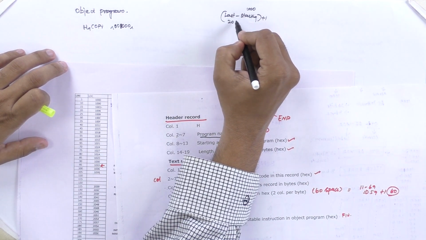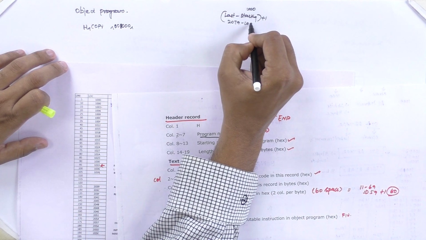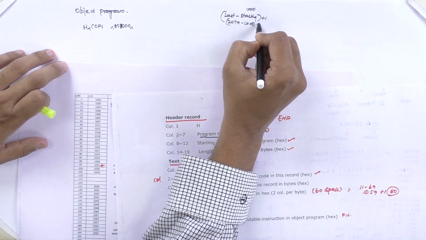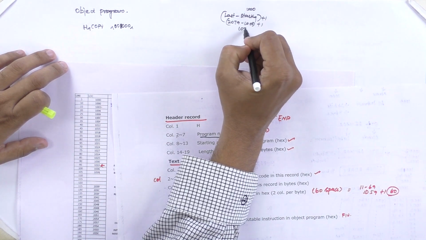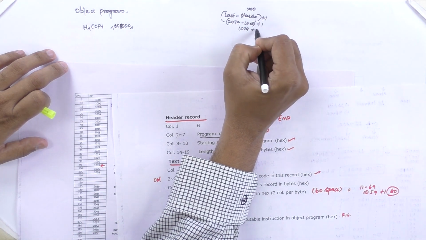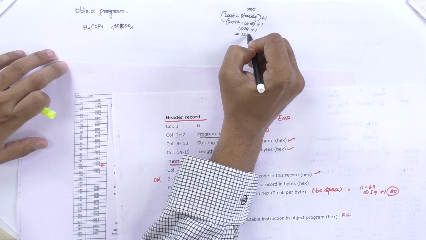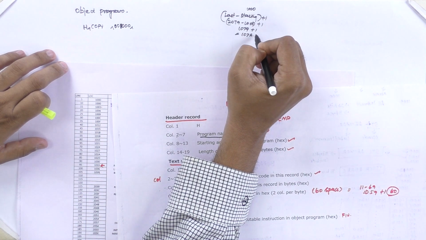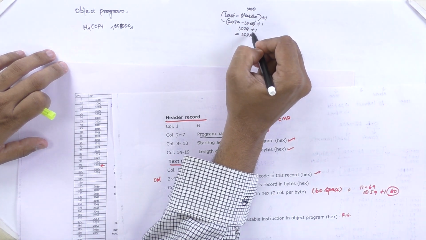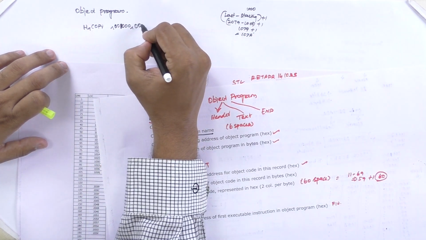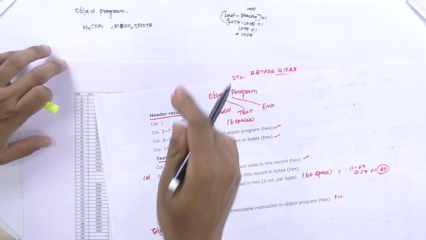So last one 2079 minus 1000 plus 1. So 1079 plus 1. So it will be 107A. This is hexadecimal. The next number should be 107A. So 00107A. This is your header record.